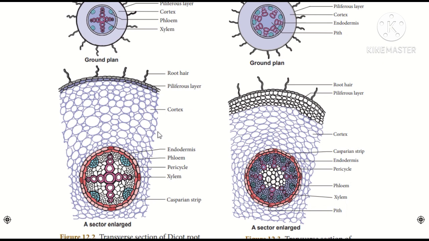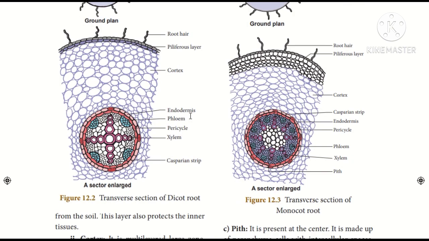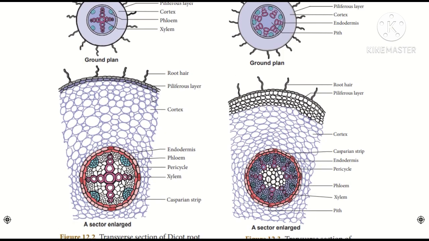The first one is the epiblema. In the transverse section of the dicot root, example bean, the outermost layer is usually called the rhizodermis, or the piliferous layer, or the epiblema.